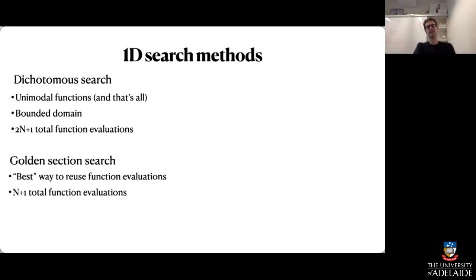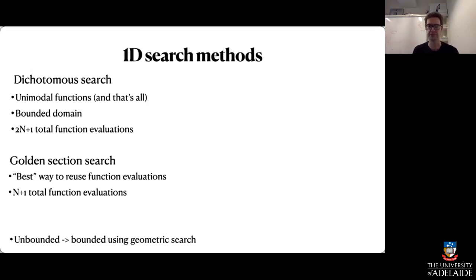So we thought, well, what if we can reuse some of those function evaluations? The most efficient way to do that was the golden section search. We could do fewer total function evaluations, which makes this a more efficient search scheme. It was the same general principle. Of course, they're both bounded schemes, and the only trick for solving unbounded problems was to convert them into bounded problems, by finding an interval over which I was sure I had my minimizer.